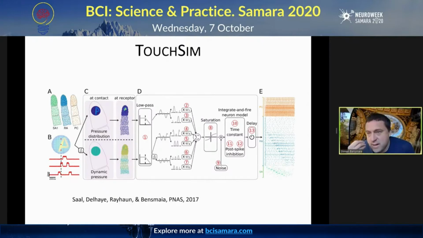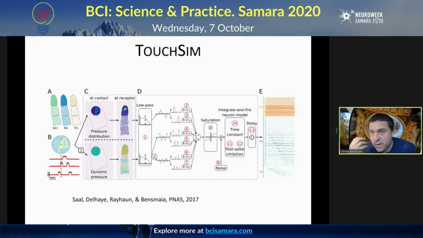It's a model that, in brief, and this is published if you want to check out the details, works as follows: you specify a stimulus, and it describes how the skin would deform given that stimulus. And it tiles the skin with mechanoreceptors at their known densities. There are three main kinds of mechanoreceptors and mechanoreceptive afferents that innervate the palmar surface of the hand. So we innervate this virtual hand with all these nerve fibers at their known densities.